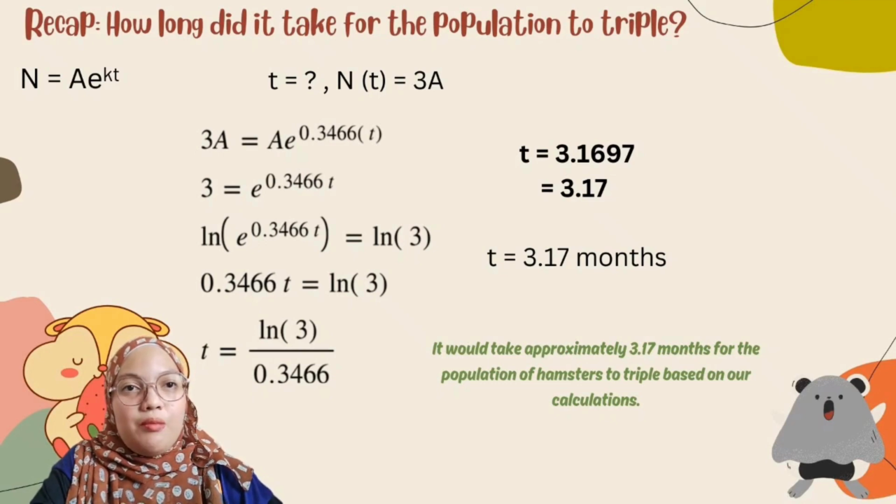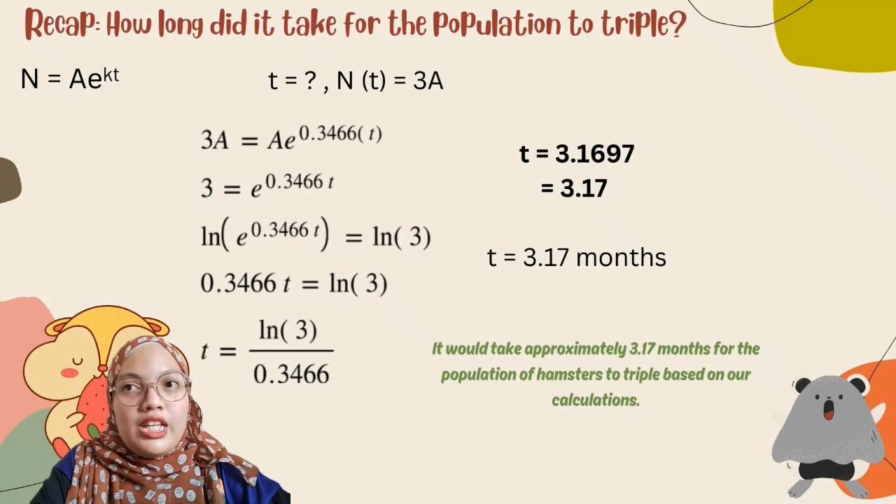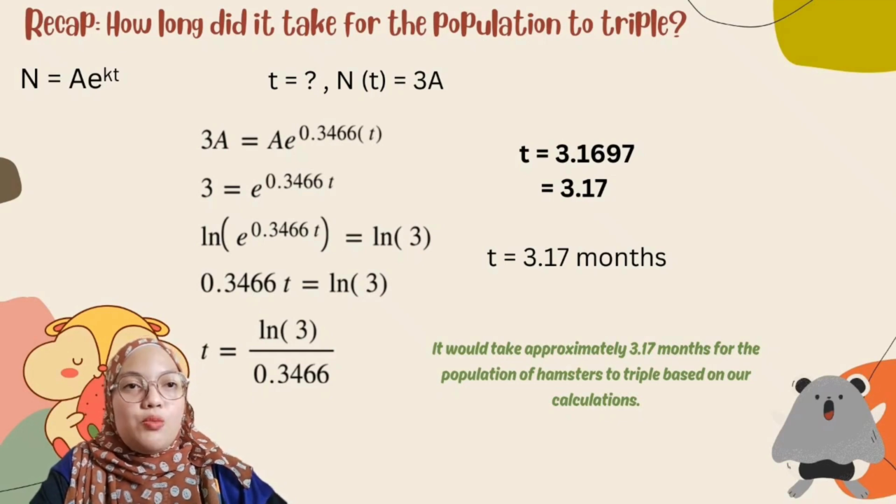We substitute it into the formula N equals A e to the power of kt. So 3A equals A e to the power of 0.3466t. It will be 3 equals e to the power of 0.3466t.